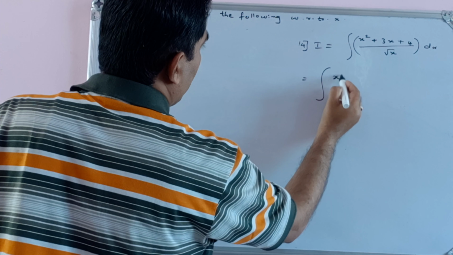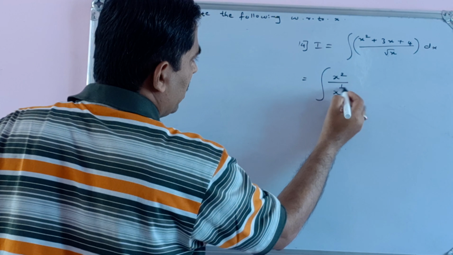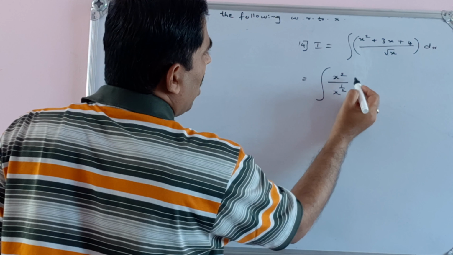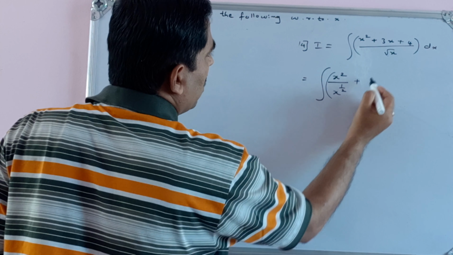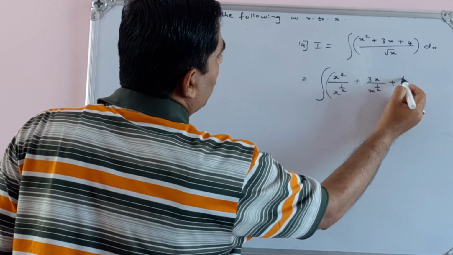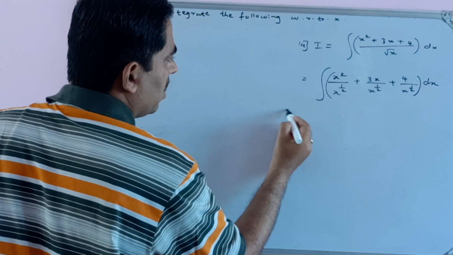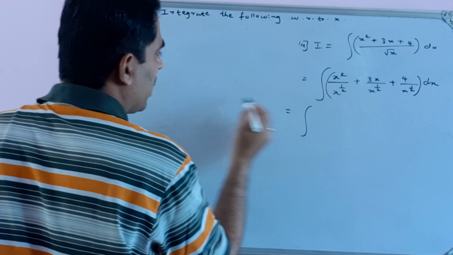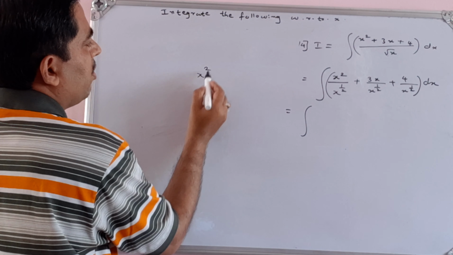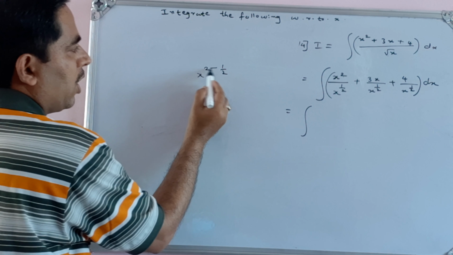x square divided by this root x. Root x, in the power form, I can write as x to the power of half, plus 3x divided by x to the power of half, plus 4 divided by x to the power of half, with respect to x. Then bring half to the numerator. I will write x to the power of 2 minus half. The base is the same, so powers can be subtracted, 2 minus half.